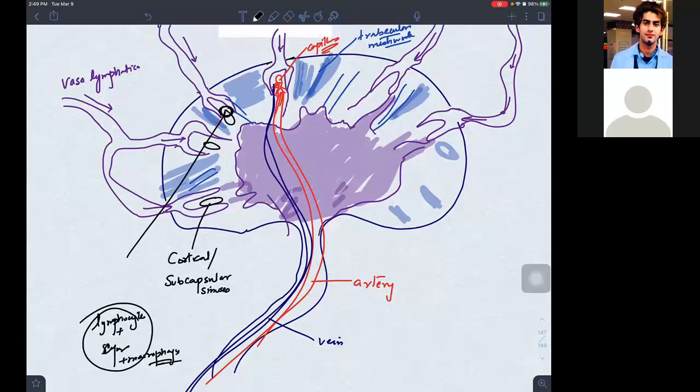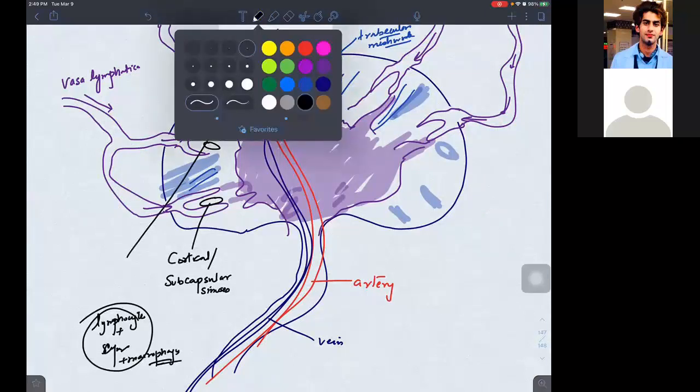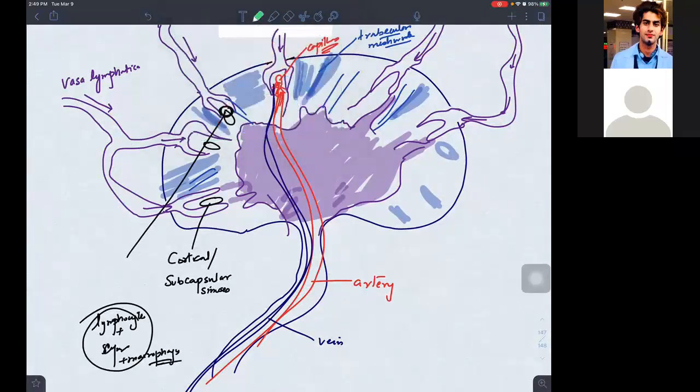First important thing to remember. Let us put a lemon color. Where is the B cell zone? B cell zone will always be in the center of the cortex. Let me make one B cell zone.